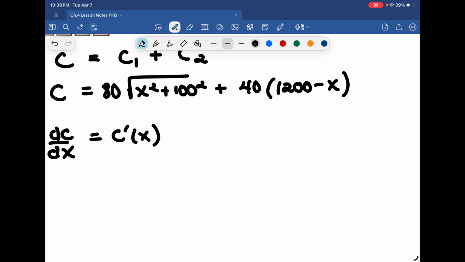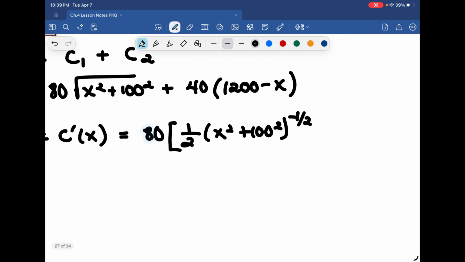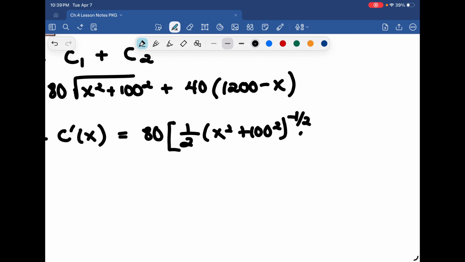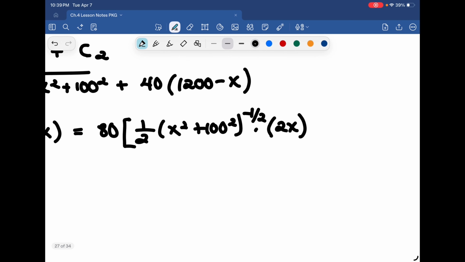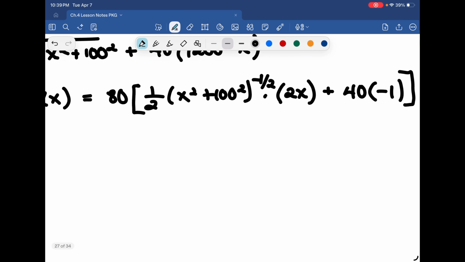I'm going to do chain rule on the first, so I'm going to keep the 80 out front, and then I'm going to do chain rule on the inside, keep the x squared plus 100 squared, and then subtract 1 from the exponent, and then I'm going to multiply by the inside derivative, which is 2x. Okay, then I'm going to go plus 40 multiplied by the derivative of the other bracket, which is 1200 is 0, negative x is negative 1. Perfect. I'm going to close that off with a square bracket.